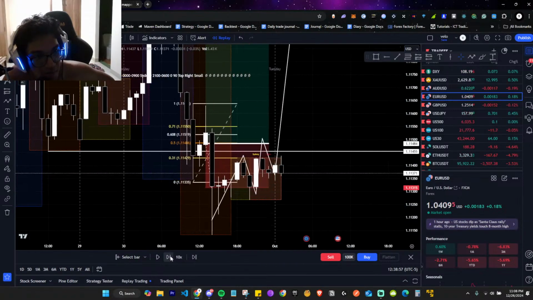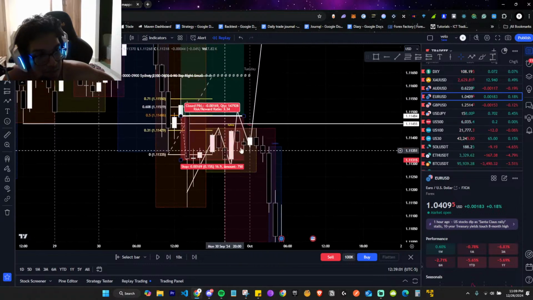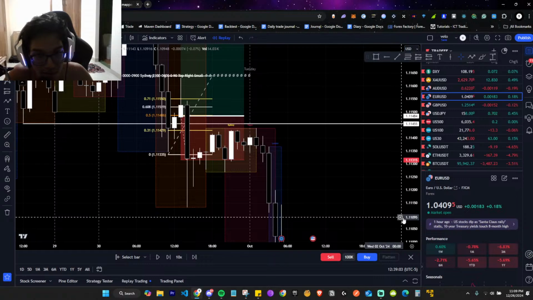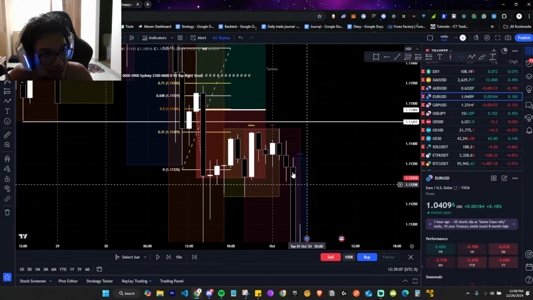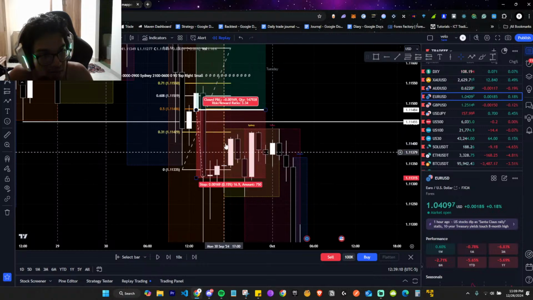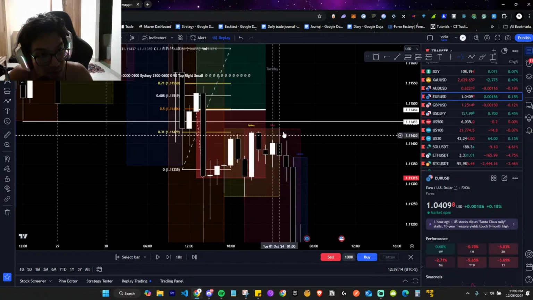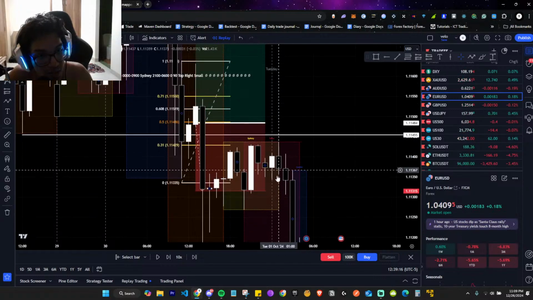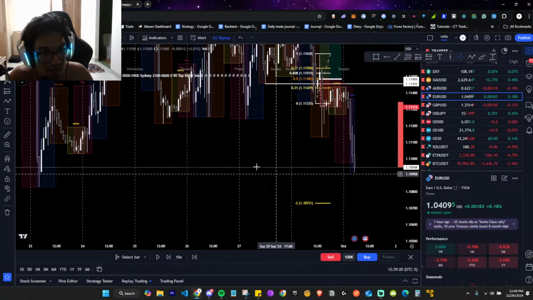So obviously right here, as you can see, it does not quite retrace away. But as far as I'm concerned, you can see that there's a close above, but it does not quite close again. It closes within this range and then it retraces away back into this range.